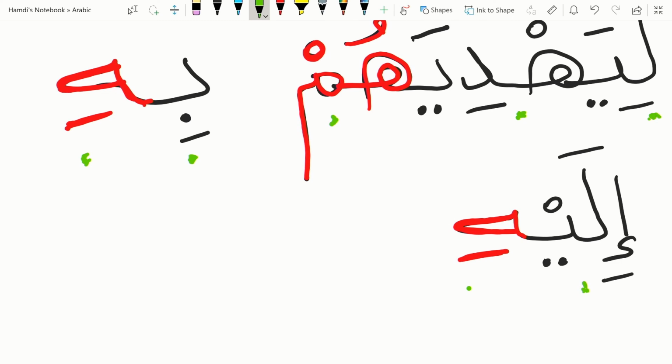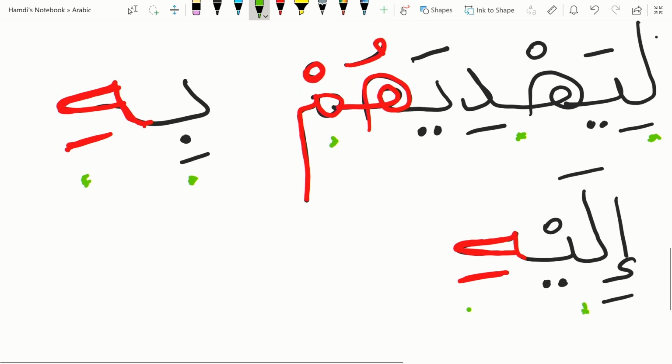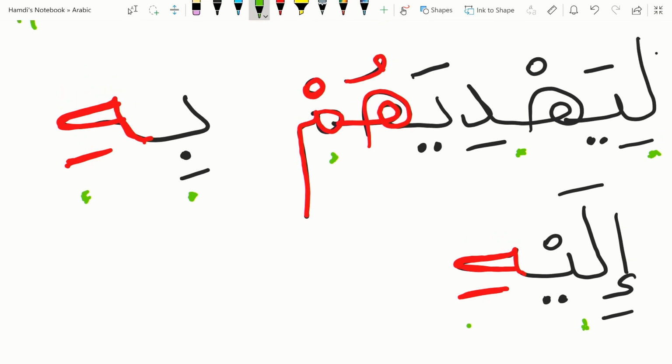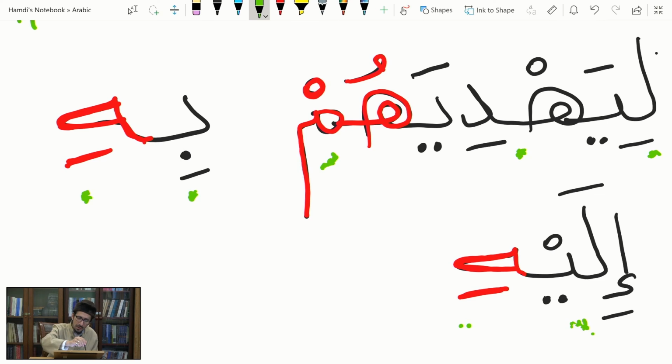To, li, that's the preposition li. يهدي, guide, to guide them, them, by, be, he, him, إلى or إلي, towards him. To guide them by him towards him.